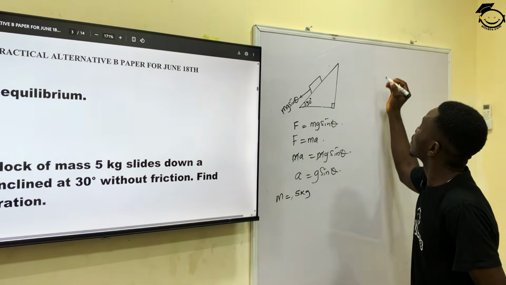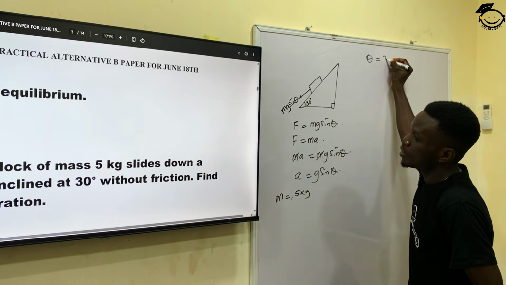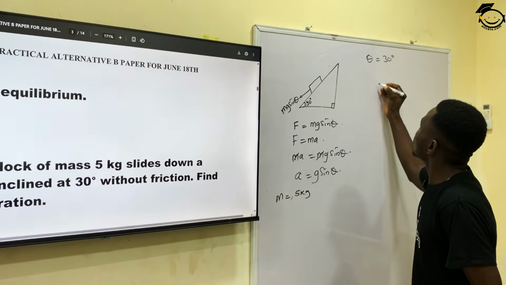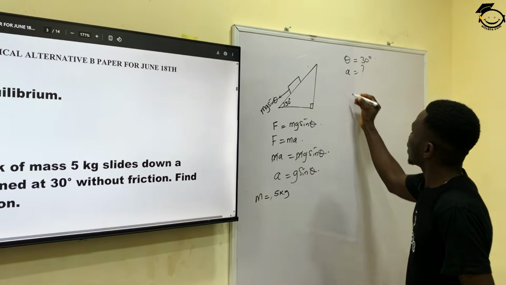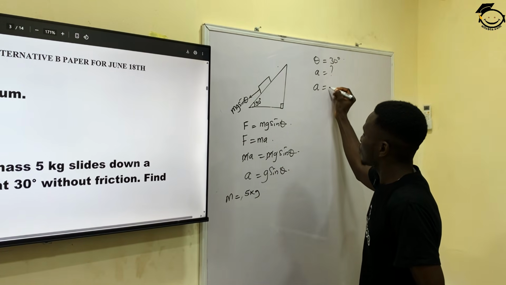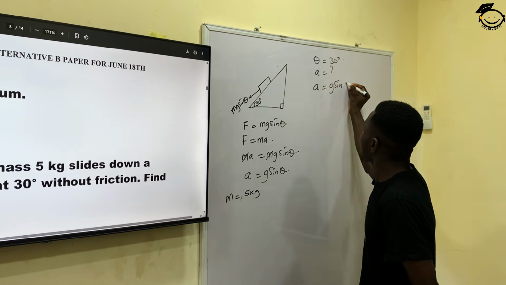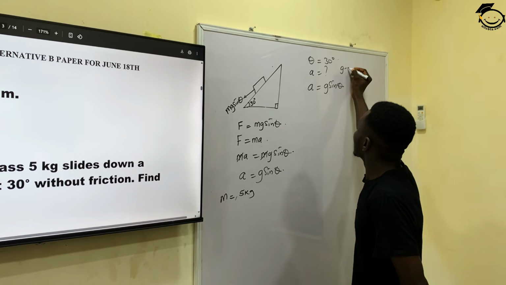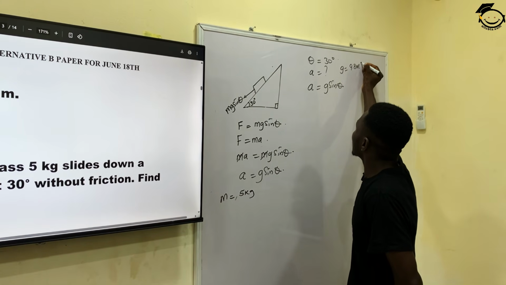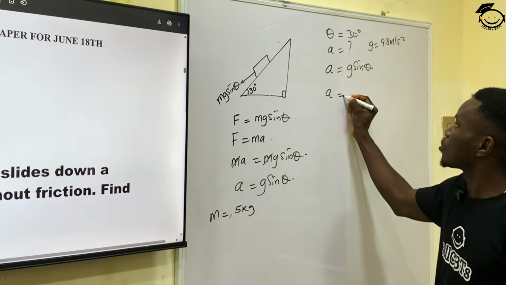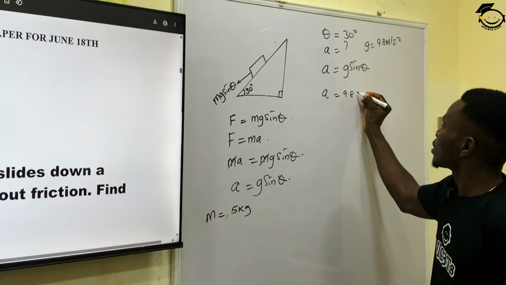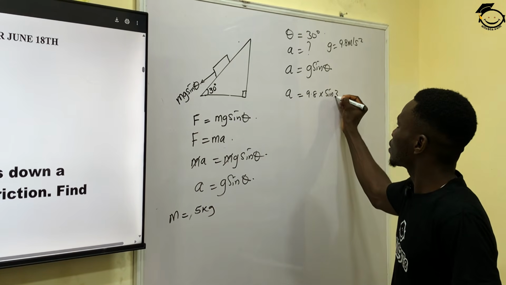Then they gave us the angle of inclination to be 30 degrees, and we are asked to find the acceleration, which we do not know. So this will have this formula that says that our acceleration is g sine theta. And we know that g is 9.8 meter per second squared. So automatically it means that my acceleration is equal to 9.8 times sine 30.